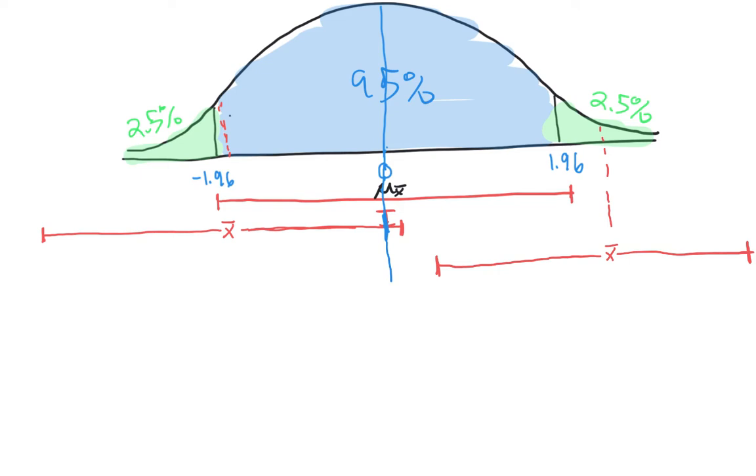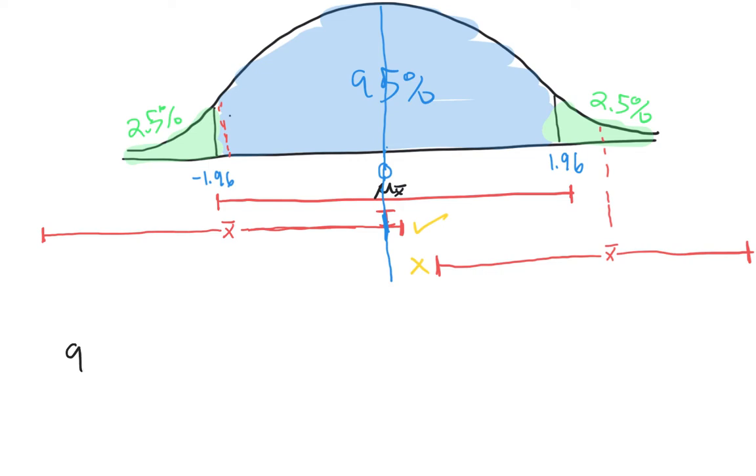So here we have that the mean is in the interval, and here we have that the mean is not in the interval. So thinking that 95% of my sample means will be within 1.96 standard deviations of the mean, if we have a normal distribution here, then 95% of the time, this interval will actually contain the mean. So that's the idea here.